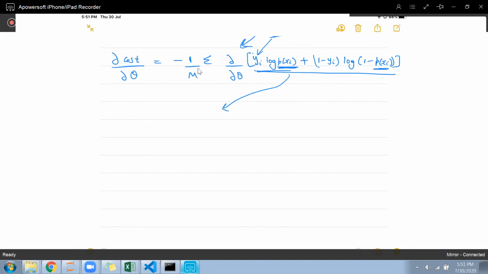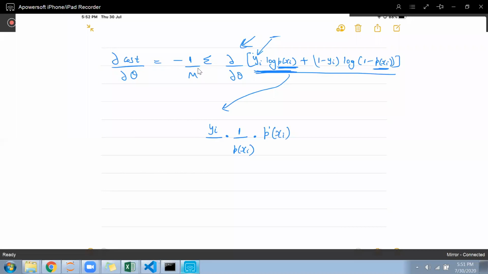What will be the differentiation of this part? Yi. What is the differentiation of log x? For log x, we have differentiation 1 upon x. So it will be 1 upon p of xi, and we'll find the differentiation of the inside part also. So this one I'll write as p dash of xi.